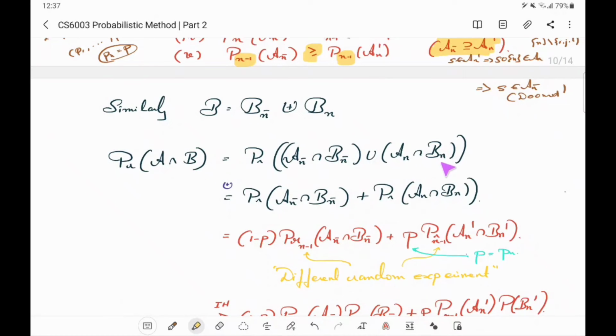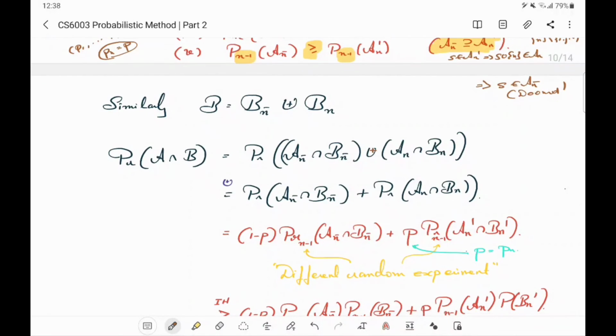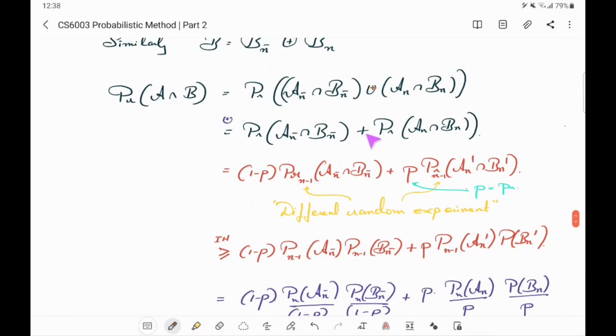Here again the idea is the same. A intersection B can be partitioned this way. In fact, I can even put a disjoint union here. It can be partitioned this way because there is no crosstalk between a barred guy and an unbarred, tilde guy, right? And since it's a disjoint union, it becomes a plus. Now, this change of color is a warning for you. It is to indicate that suddenly you have a change in probability.